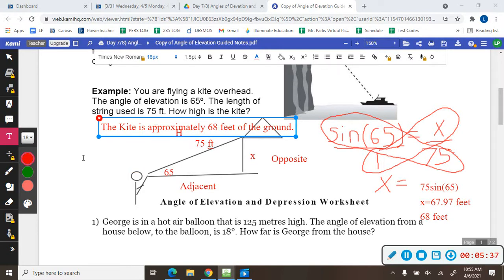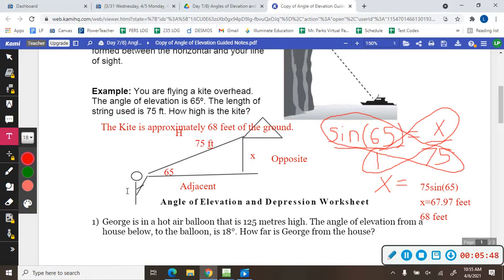Technically, that's not correct. Technically, you would have to take the height of the person, too, if this is the ground. So let's say this person was 6 foot, you would technically have to take 6 plus 68. But with everything we're doing, just assume that it's from ground level. So we're going to say the line of sight's from ground level.